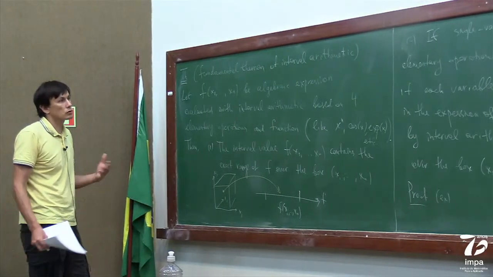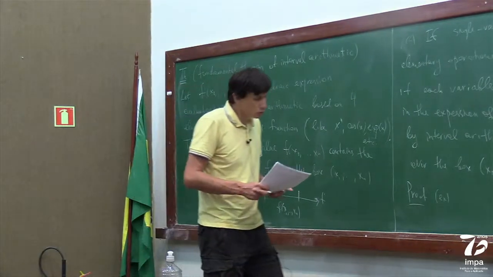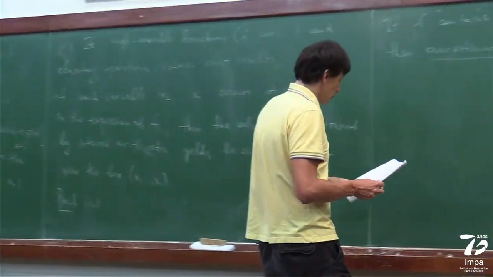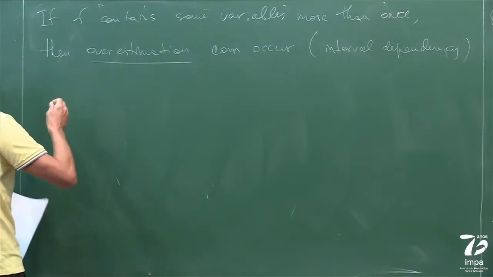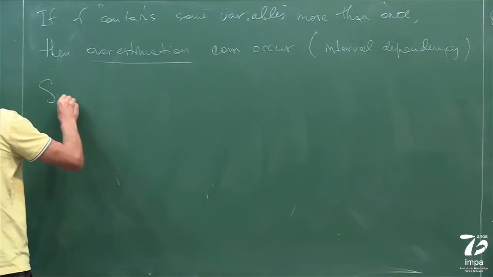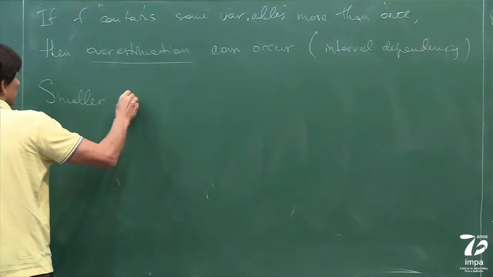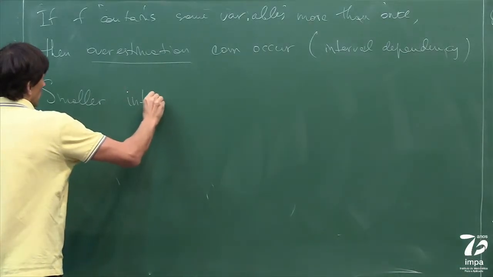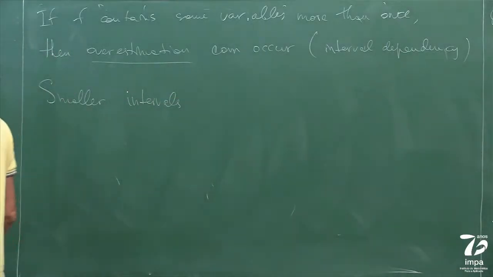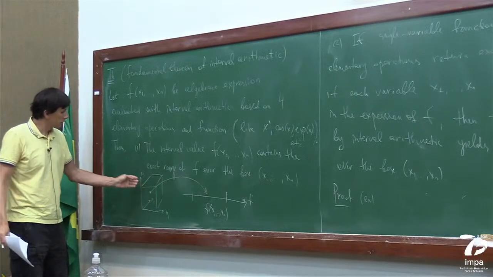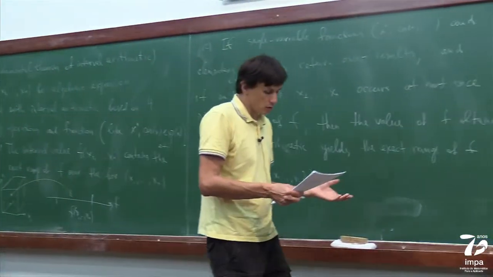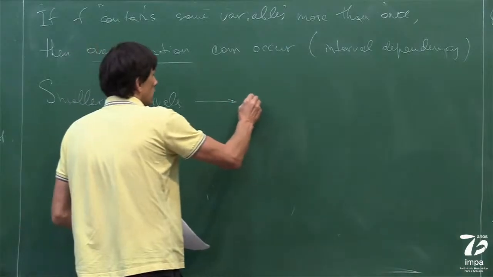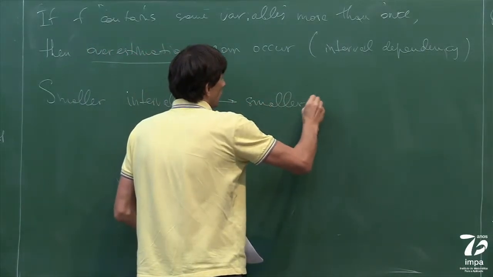So what to do? What to do is to use the power of the computer, and essentially the next theorem tells you that there is a general rule: the smaller the intervals, because with a computer you can always try to discretize with smaller regions, the smaller the interval dependency.